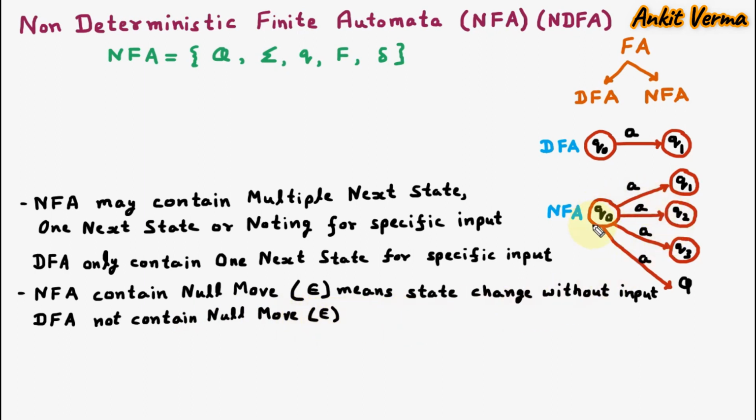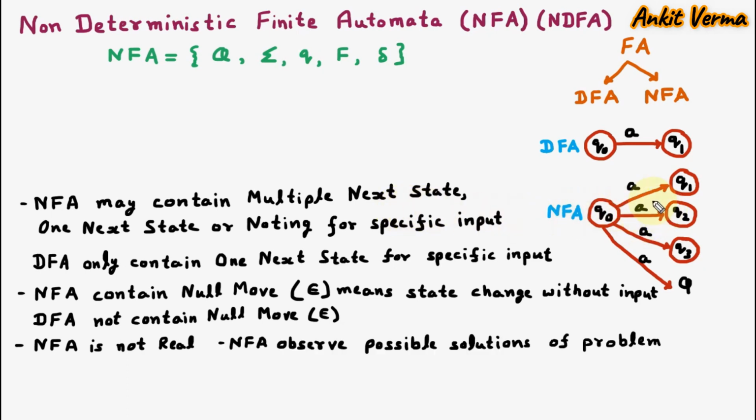Next thing about the NFA is they are not real. The meaning is that they are more hypothetical because for a single input, we can go to one state or the multiple state. So in the real life, this is not a possibility. NFA are used to observe all possible solutions of a problem.